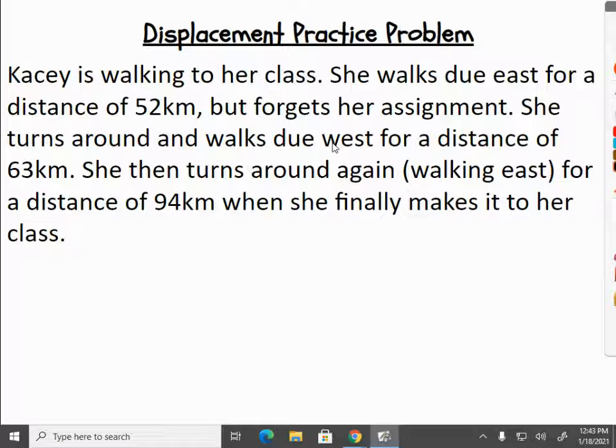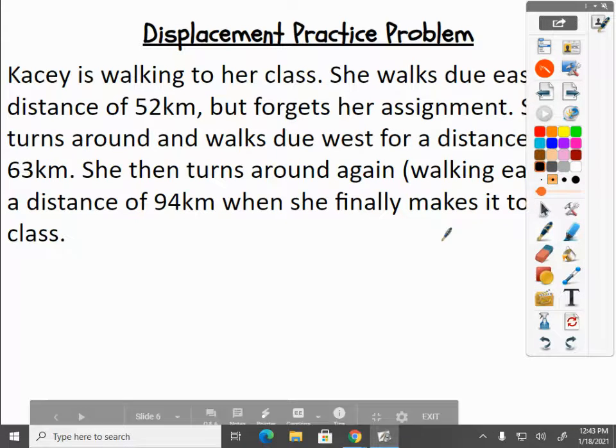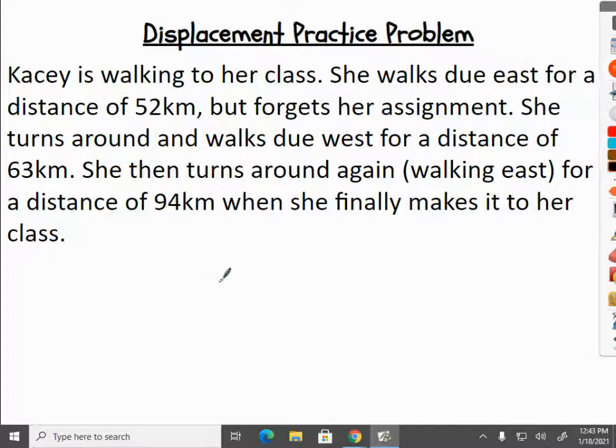Now, let's do this together. So that means she starts at a certain place. Now, she's going to walk due east for 52 kilometers.